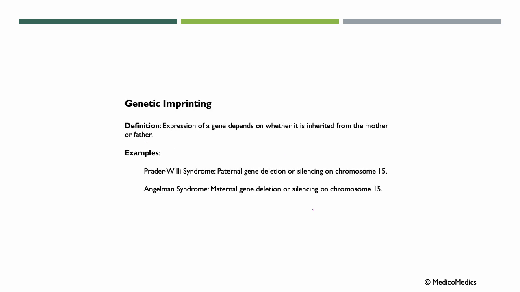Now, genetic imprinting. So it's defined as the expression of a gene depending on whether it is inherited from the mother or the father. It's an epigenetic phenomenon where only one parental allele, either mother or father, is expressed, while the other one is silenced. Unlike Mendelian inheritance, where both alleles are expressed equally, imprinted genes show parent-specific expression.